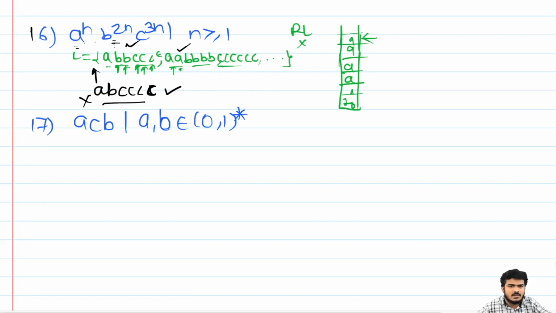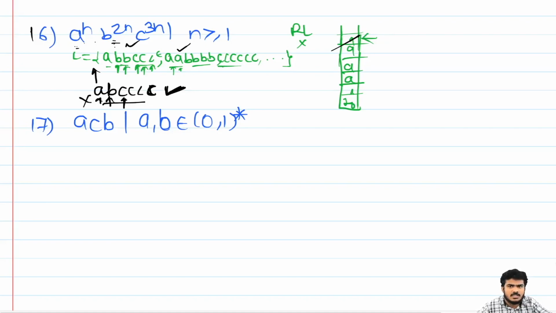This string will not be generated by this language, but if you try to solve it using our logic, whenever a comes we push 5 a's in the stack, and this string will work here. For this a I have pushed 5 a's, and whenever b started occurring I have popped an a.